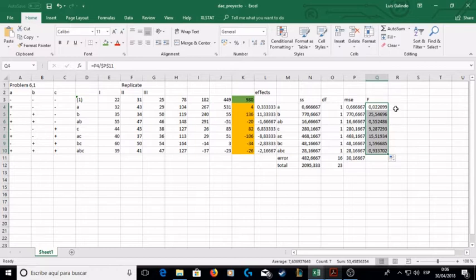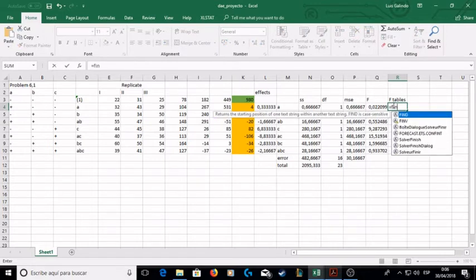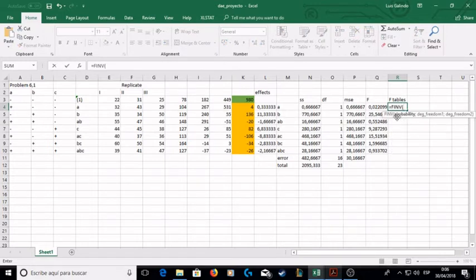For the error. So now we need the tables to compare it, and this can be done in Excel with the formula F.INV. We want a probability of 5%, which is 0.05, 1 degree of freedom for each one of these, and 16 degrees of freedom, sorry, for the error.